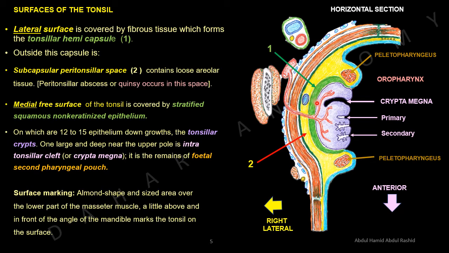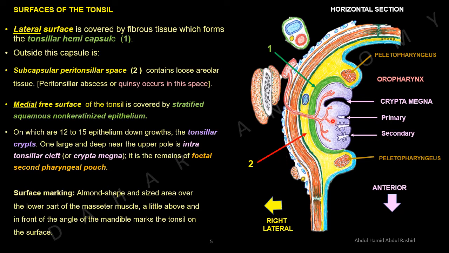Outside the capsule is the subcapsular peritonsillar space, this yellow color, number 2, which contains loose areolar tissue. Because of that, peritonsillar abscess or quinsy occurs in this space.